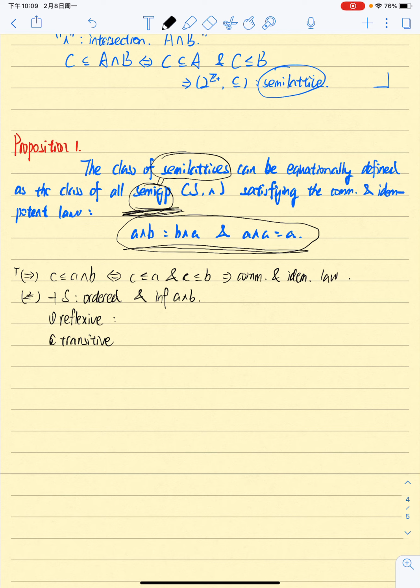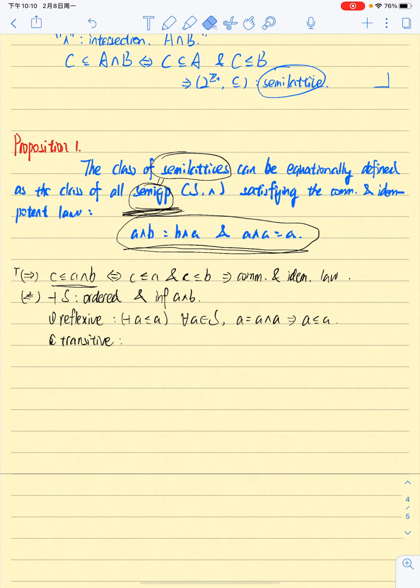For the first, reflexive, we need to show A is smaller than or equal to A. That is, for every element in S, this is true because A is equal to AA, and by the definition here, A is smaller than or equal to A.